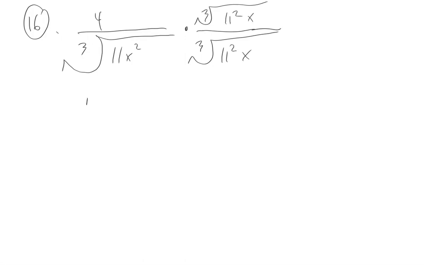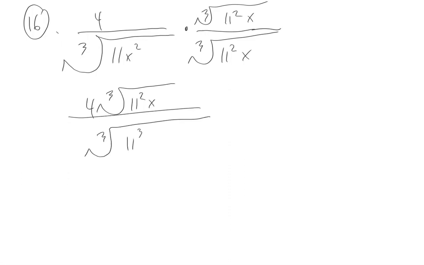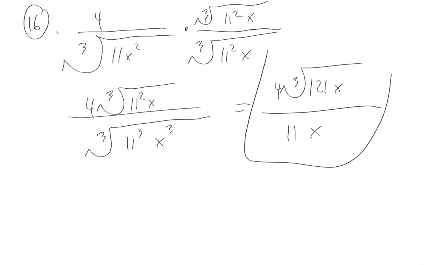Because then on the top you get 4 cube root of 11 squared times x, and on the bottom you get cube root of 11 times 11 squared is 11 cubed, and x squared times x is x cubed. But the cube root of 11 cubed is just 11. The cube root of x cubed is just x. So you get 4 times the cube root. Okay, 11 squared can be simplified to be 121. So we get 4 cube root of 121x all over 11x, and that's been rationalized in the denominator.